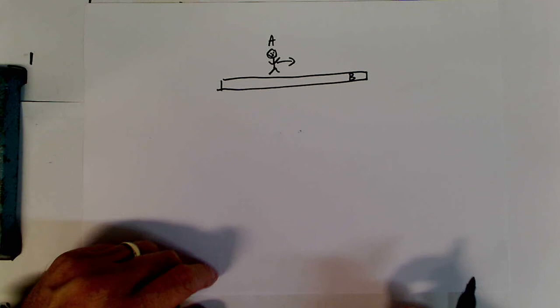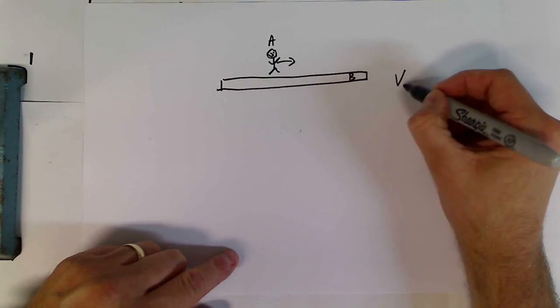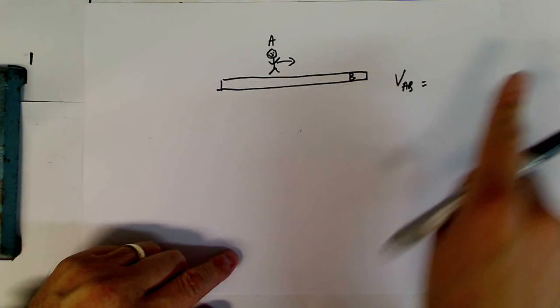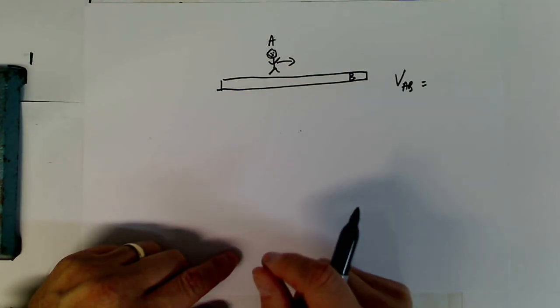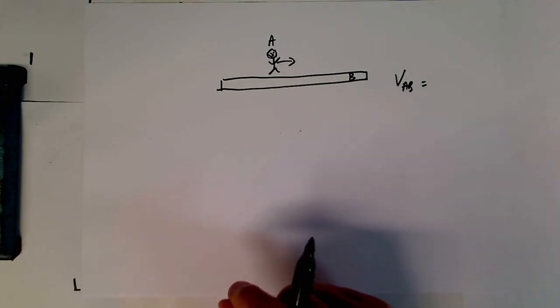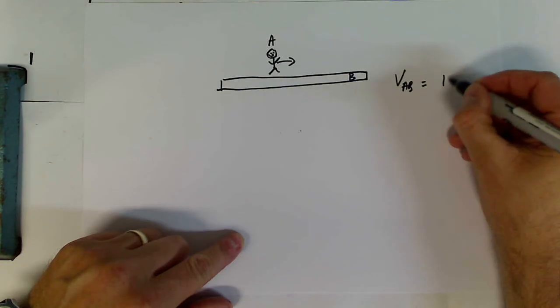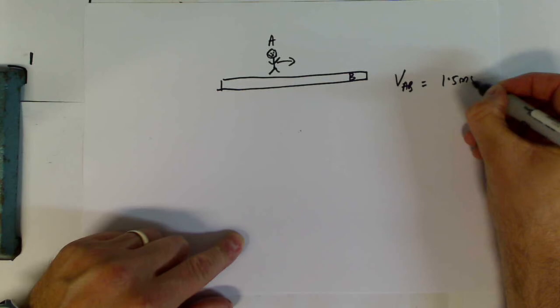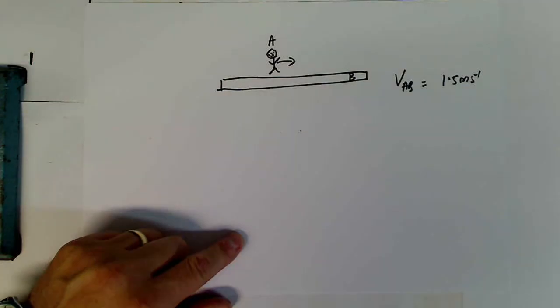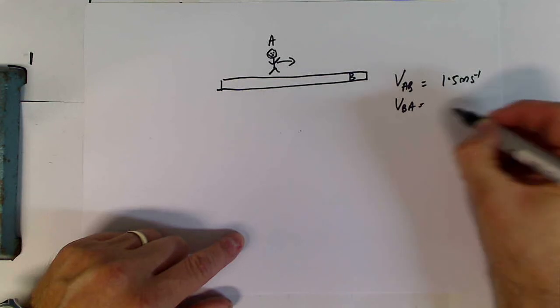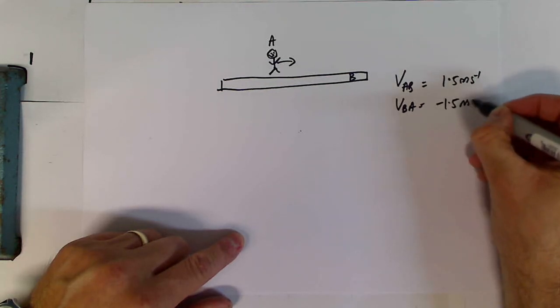What if we say the velocity of A relative to B, since she's going in that direction, if B is still, is a positive velocity, so let's say it's 1.5 meters per second. Quite fast, really. Then we know immediately that the velocity of B relative to A is minus 1.5 meters per second.